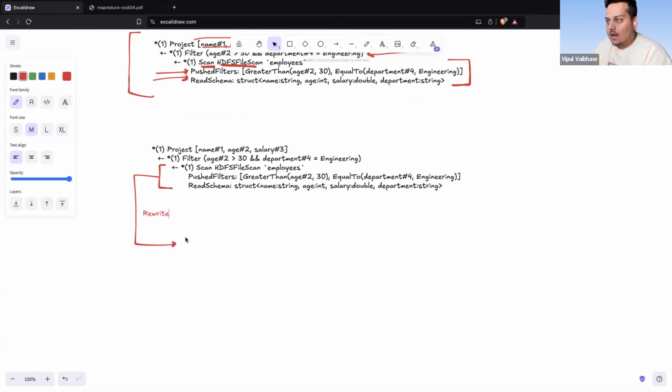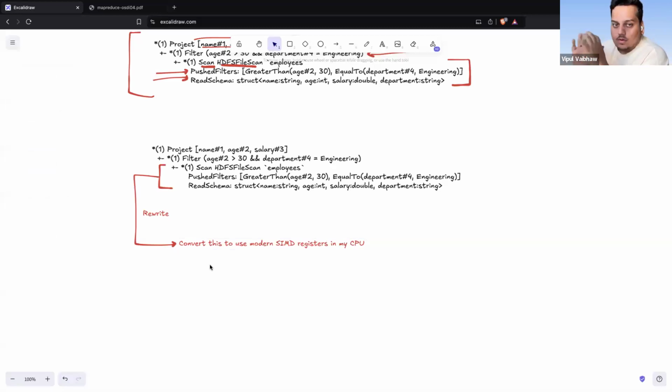Rewrite and convert this to use modern SIMD registers in my CPU. This is just an idea. There is a physical plan which is generated. We are not going to talk about how it is generated because we are more concerned with optimizations and acceleration. We have to rewrite that physical plan in such a way that it can be executed on modern hardware using SIMD registers, because that support is not available in vanilla Spark.